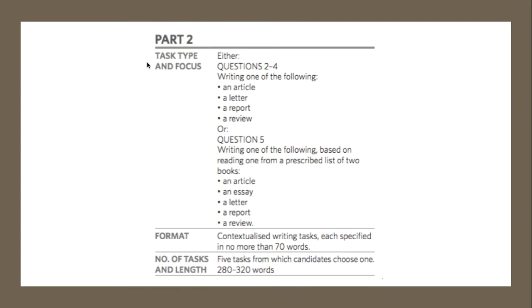Okay, part 2 involves a choice here. You have some options. You may be given an article, a letter, a report, or a review. And then the last option, that is question 5, deals with having read a particular book.